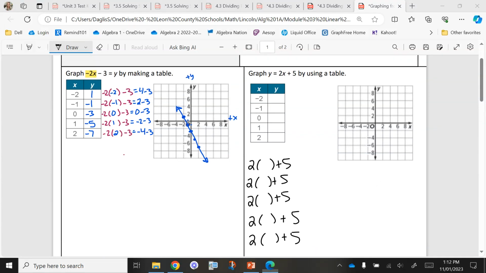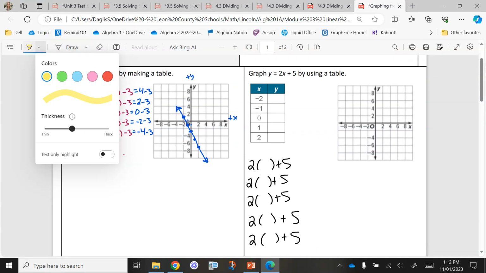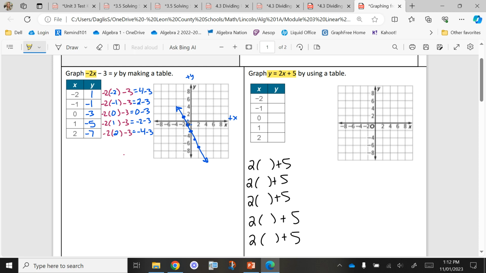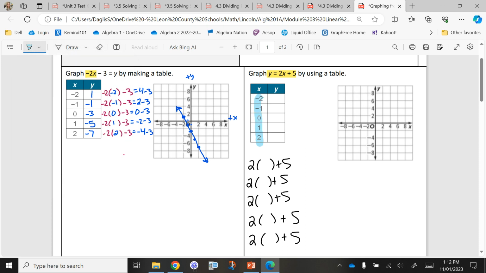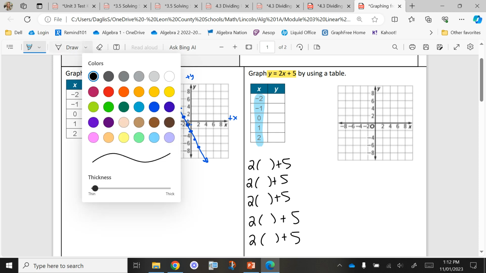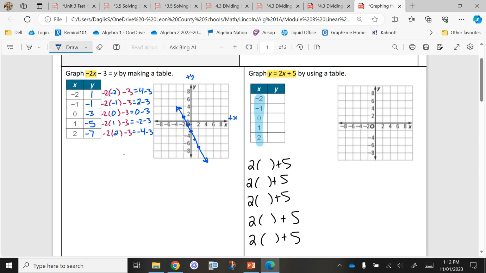Okay, so I am taking our equation right here, and I'm leaving the x blank because we're going to plug in these guys, right? So I'm going to plug in negative 2, negative 1, 0, 1, and 2.